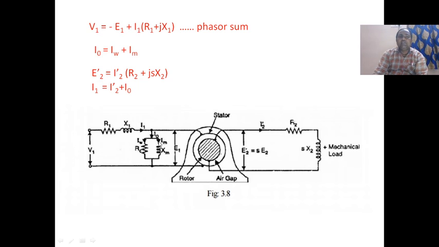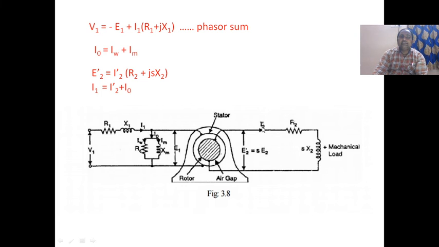This is the equivalent circuit of the induction machine. What is the equivalent circuit? Stator parameters and rotor parameters. Stator parameters are R1, X1. Stator current is I1. I1 is split into two parts, I0 and I2 dash. What is I2 dash?